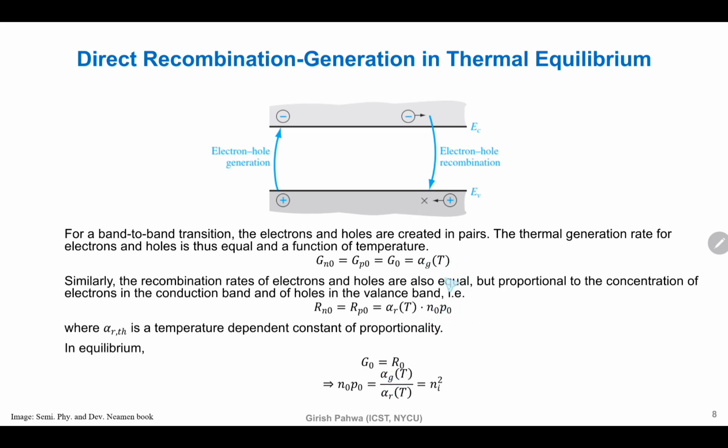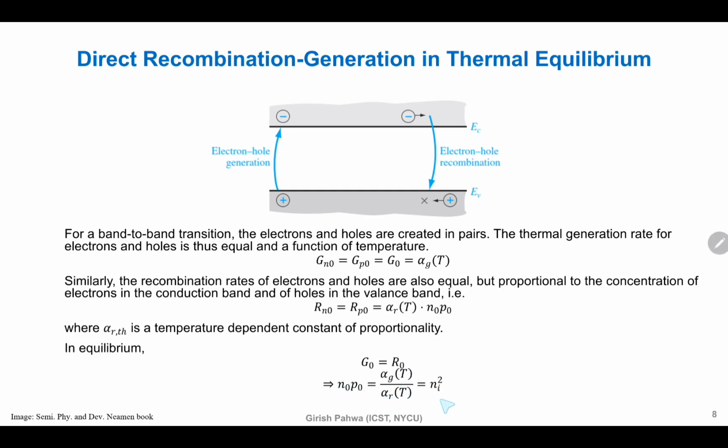Then n naught p naught will be equal to alpha G divided by alpha R. I know that alpha G is totally a function of temperature. So n naught into p naught in thermal equilibrium equals a constant which is totally a function of temperature, and of course also of the material constants.